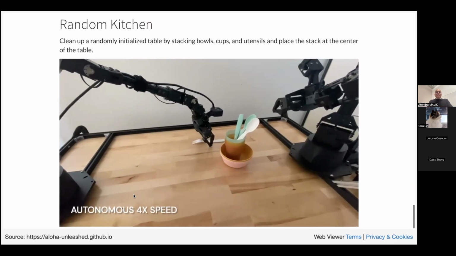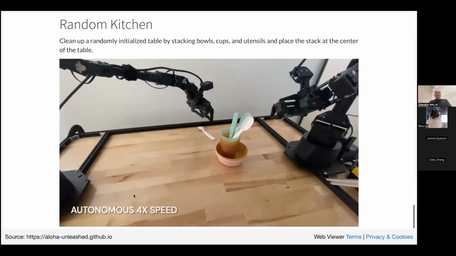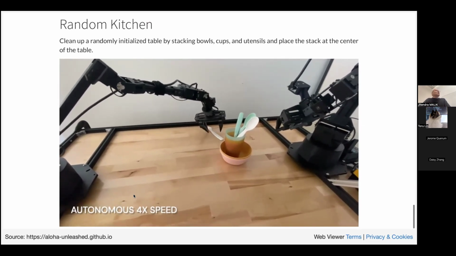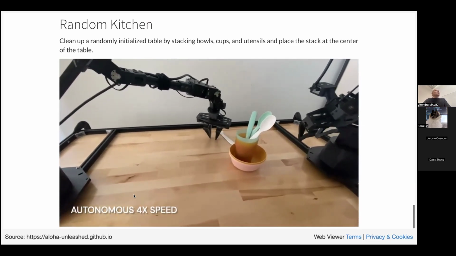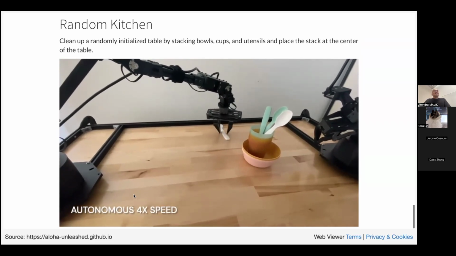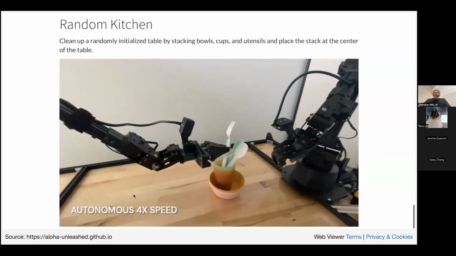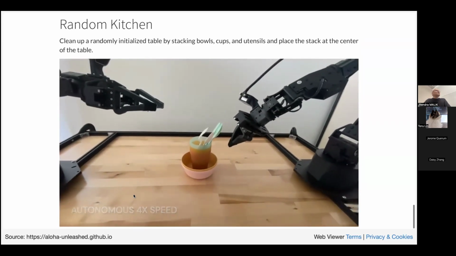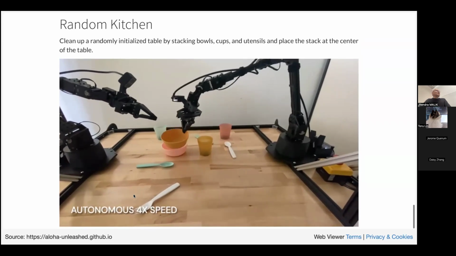Okay, now this is the kitchen task. So the kitchen task, let's see what's the kitchen task. These are videos in the loop. So you wait a bit and you will see the starting configuration. Okay, starting position.